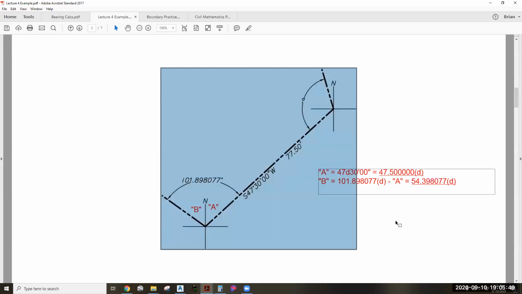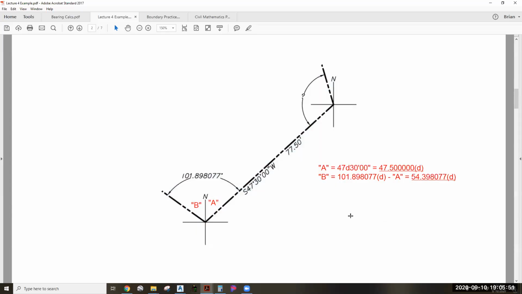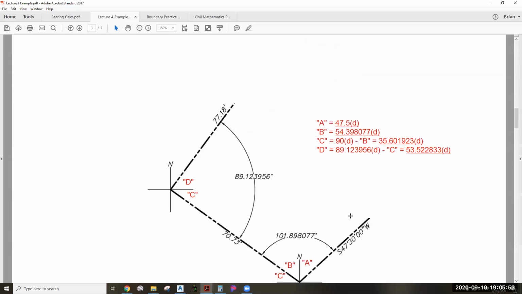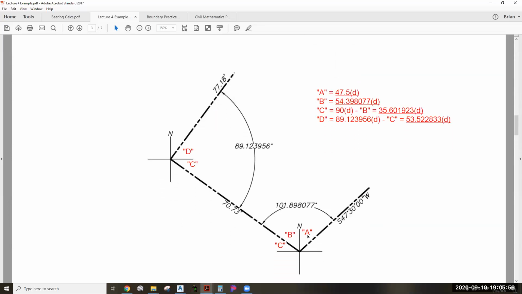If I move to the next one, here I have repeated what I did before so you don't get lost. A is 47.5, which we calculated before because we had that bearing, 47 30. We calculated what B was from the previous slide, so that means I can calculate what C is.